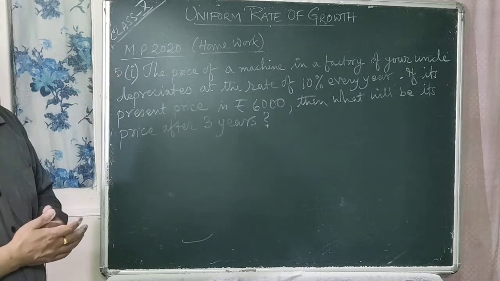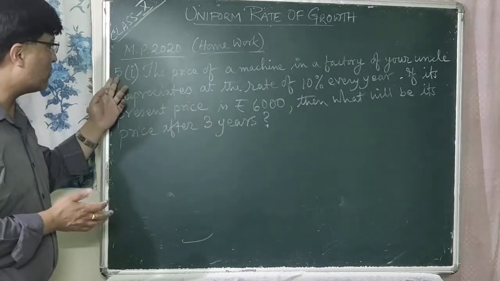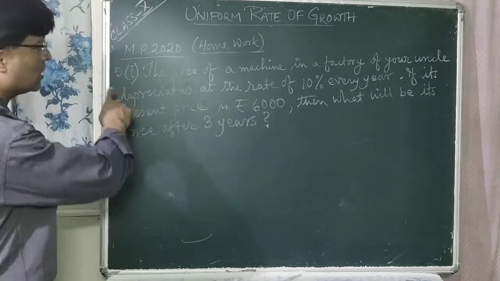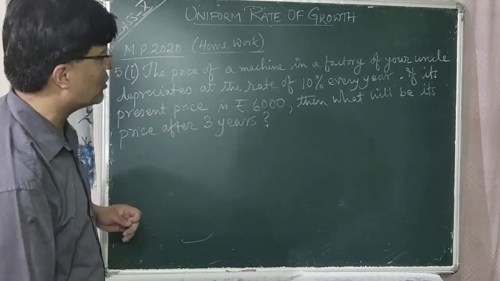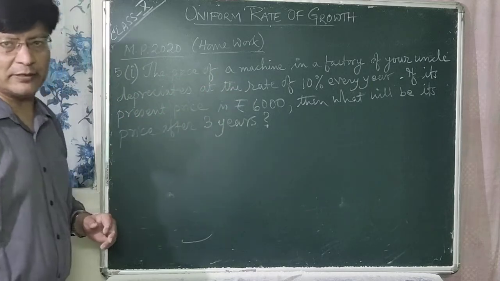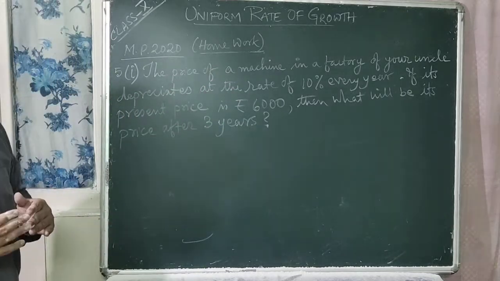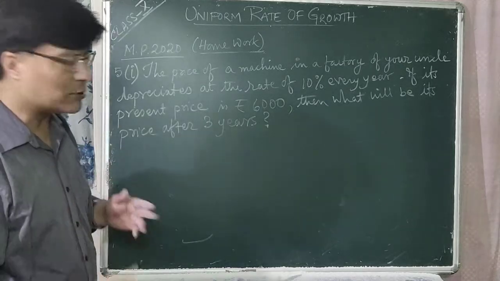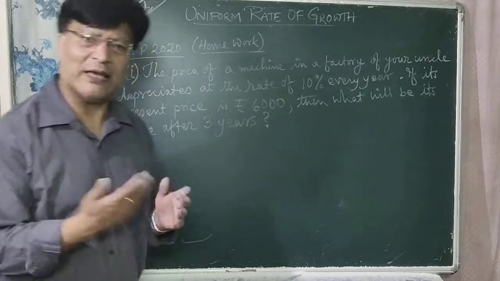This is your homework, right? This is question number 5.1 from Madhyamik Pariksha 2020. The question is: the price of a machine in a factory of your uncle depreciates at the rate of 10% every year. यहाँ के भन्दैछ, value of a machine depreciates भनेको चाहिँ decreasing, it is decreasing at the rate of 10% every year.